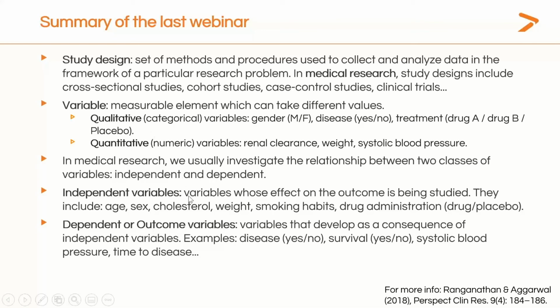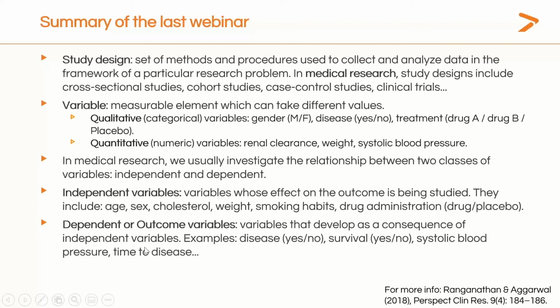In independent variables, age, cholesterol, weight are quantitative, whereas sex, smoking habits, drug administration are qualitative. In dependent variables, you also have qualitative variables such as disease, yes, no, survival, yes, no. And otherwise, you also have quantitative variables such as systolic blood pressure.